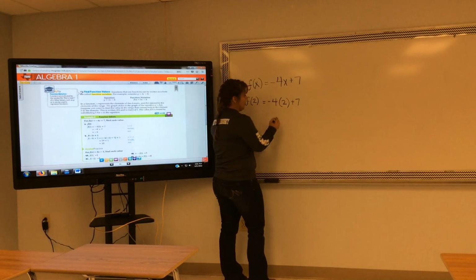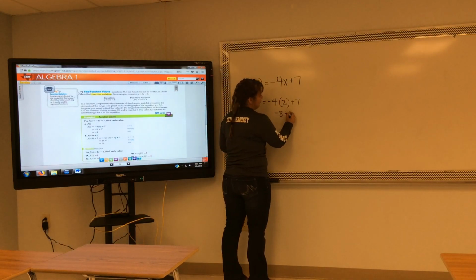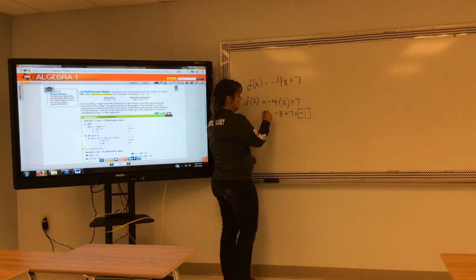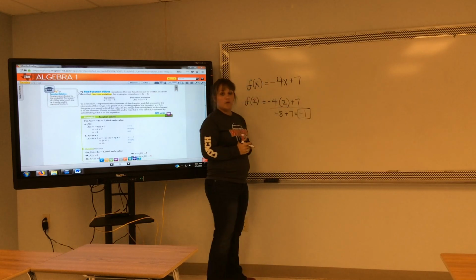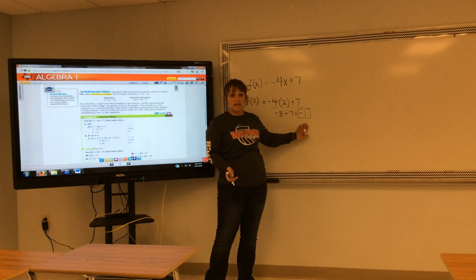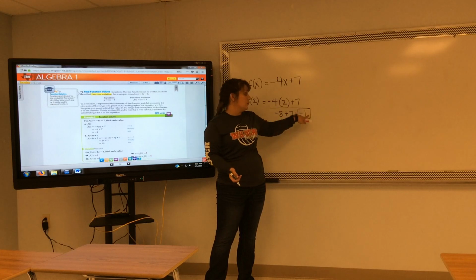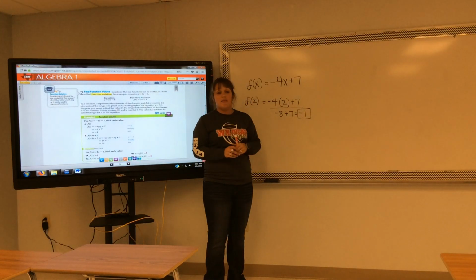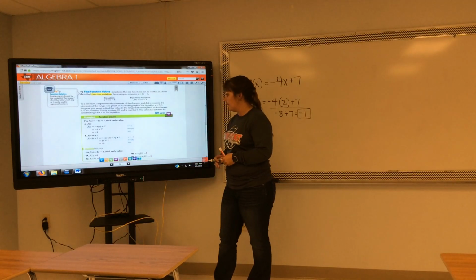So -4 times 2 is -8, plus 7 is going to equal -1. I need to see this, where you plugged in for your work, and then I also need to see what the final answer is. It is okay for you to plug this into your calculator to get the -1, but I need to see this as your work and this as your final answer. Okay?